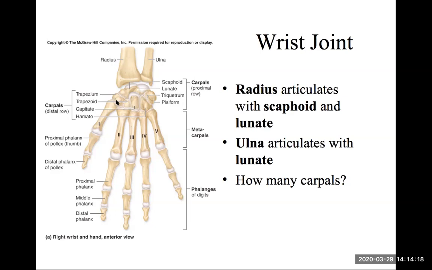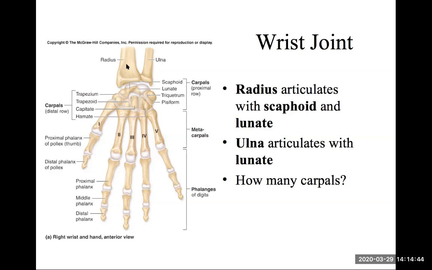So that's what I use: some lovers try positions that they can't handle. Okay, two rows, one row that articulates with bones of the forearm, the antebrachial region, and the second row that only articulates with the metacarpals.